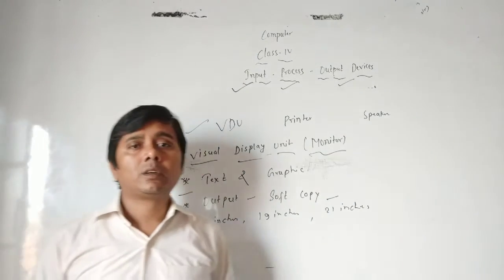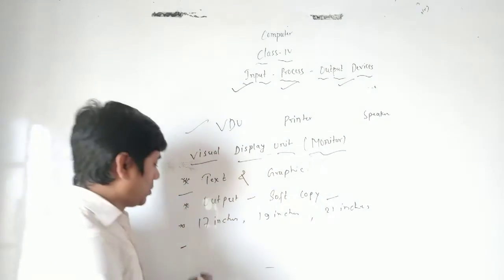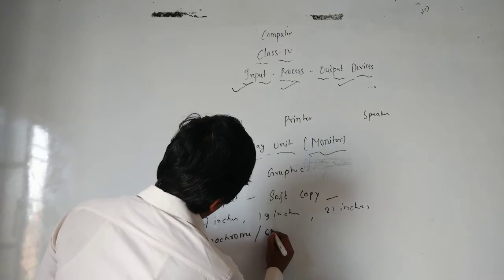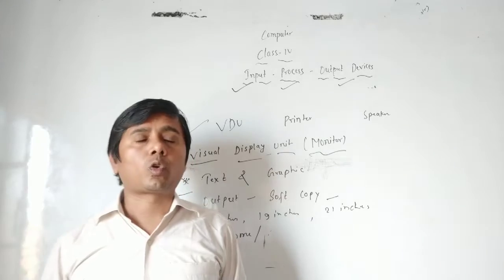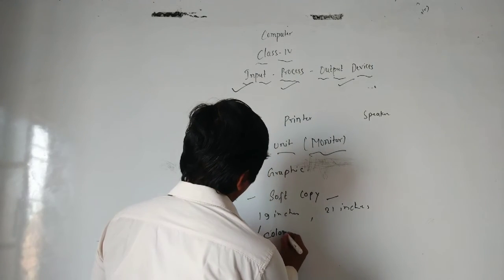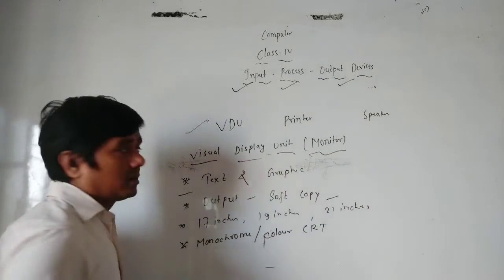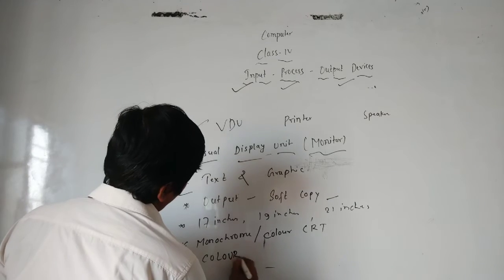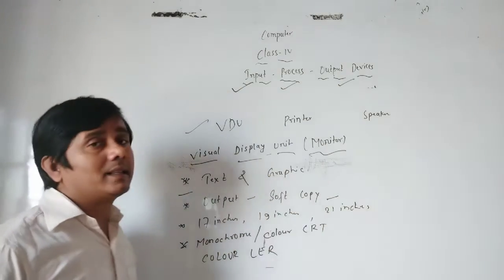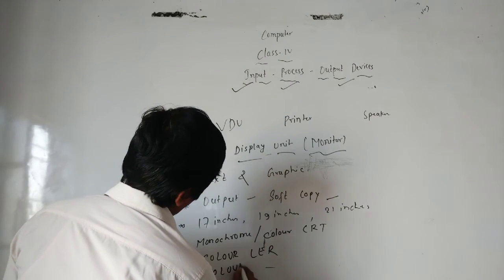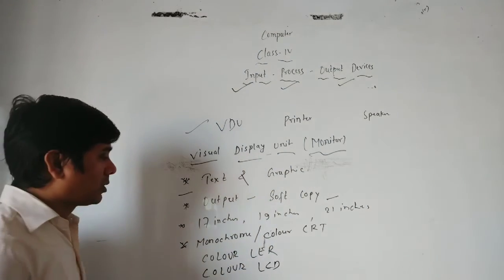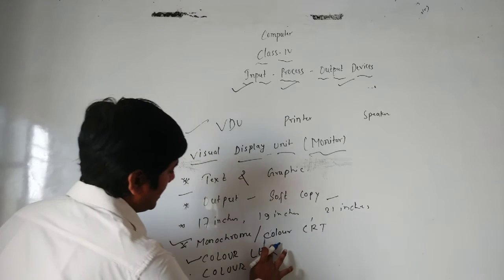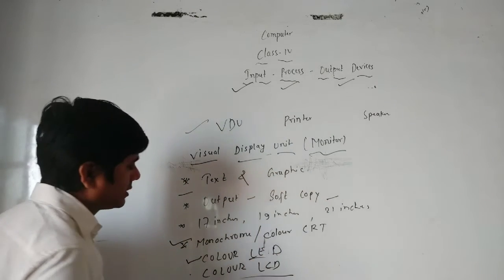We can classify the monitor on the basis of color into monochrome or color CRT, color LED and color LCD, that is light emitting diode and liquid crystal display.